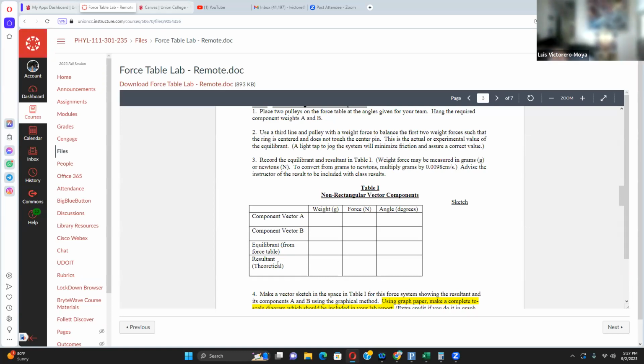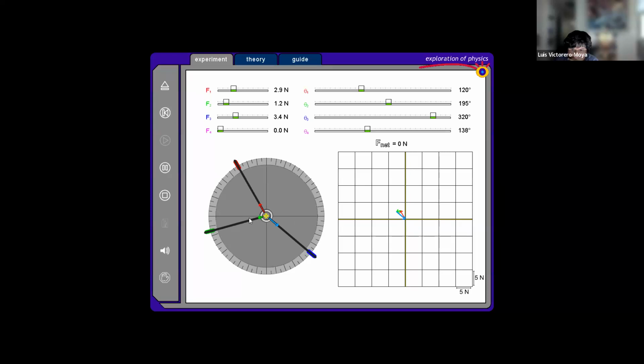You need to find the resultant between A and B. For that, you have to use the parallelogram method, where the resultant squared is equal to A squared plus B squared minus 2AB times the cosine of the angle in between. Okay? The angle in between, if this is 195 and this is 120, 195 minus 120 is 75 degrees.